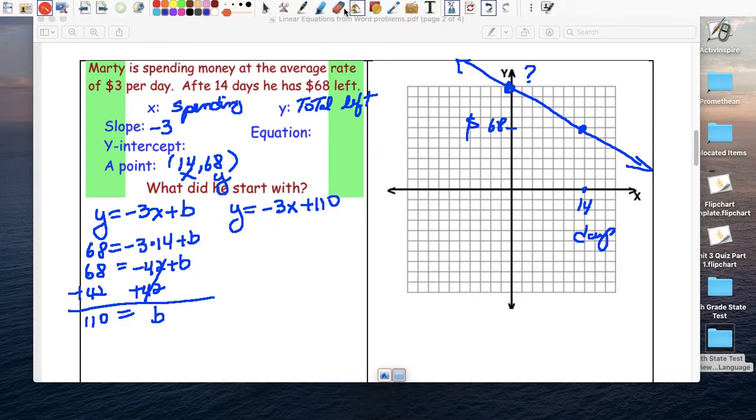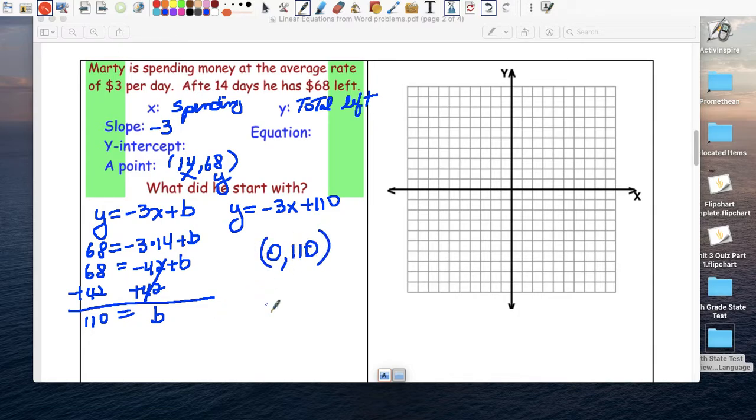Okay, so we have 2 points. I know that one of the points is at 0 days. He had 110 left, right, at the first 0 days. And then at 14 days, he is at $68. Let's see how we can do this.